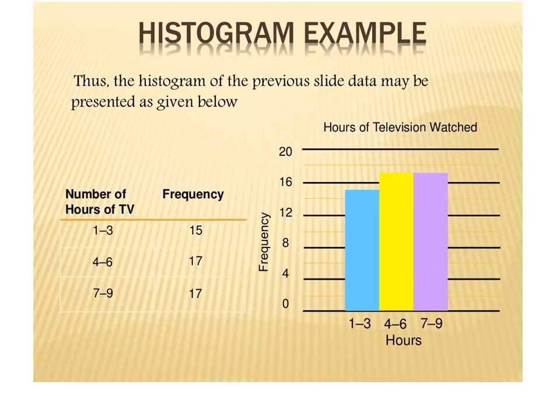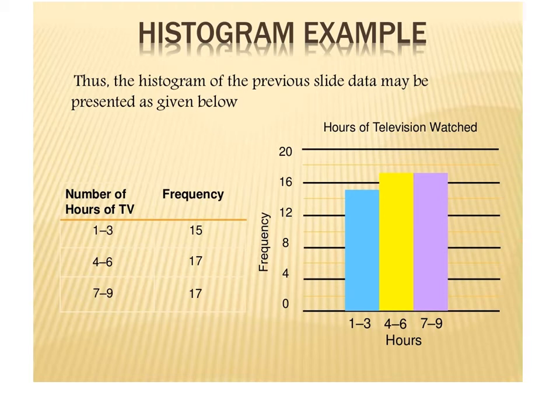Now in this slide we show a histogram example by representing this on a graph. Thus, the histogram of the previous slide's data may be presented as given below. As you see here, the table and its respective histogram.